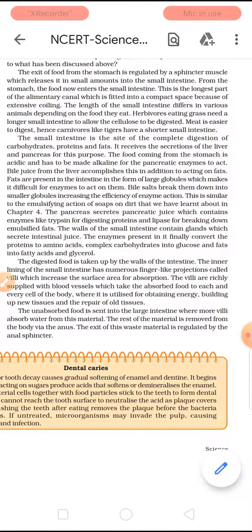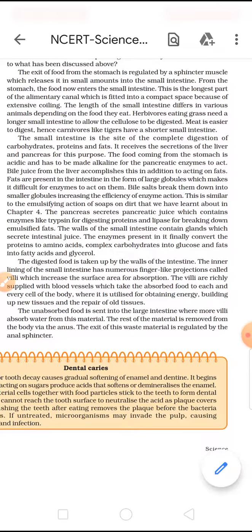Now see, these three things, carbohydrate, protein, and fats, complete digestion will take place in the small intestine. But before that, they will secrete juices, and those juices will be enzymes, and those enzymes will help in breaking the carbohydrate, protein, and fat.